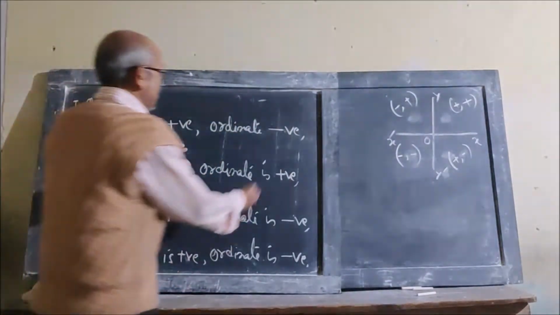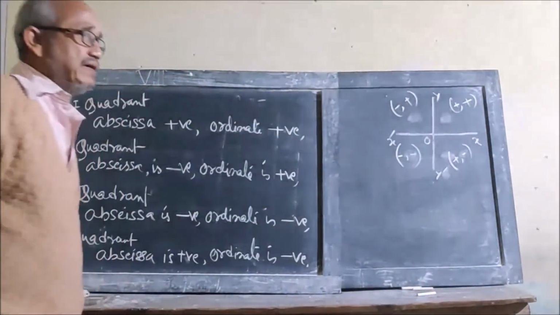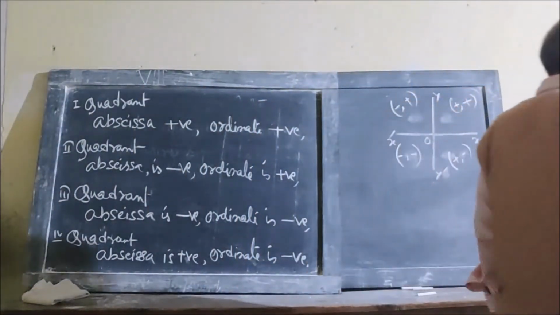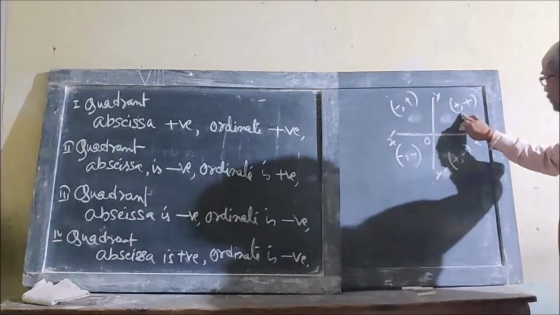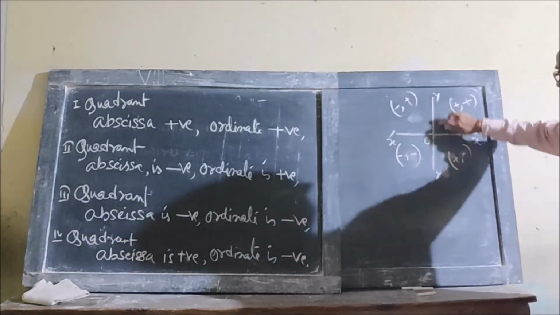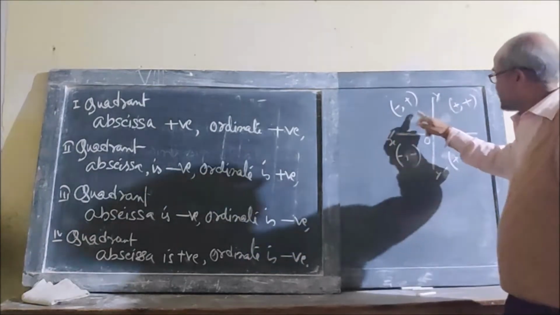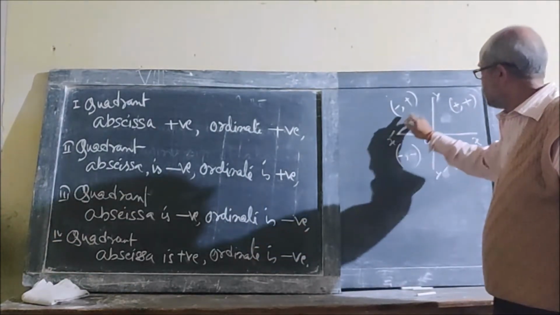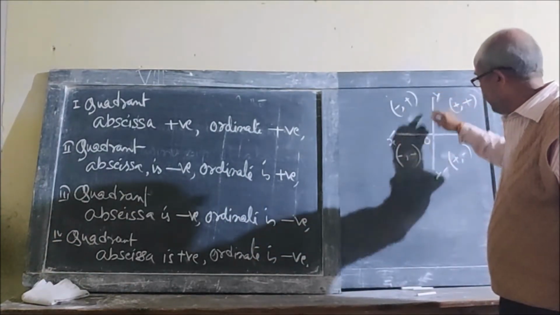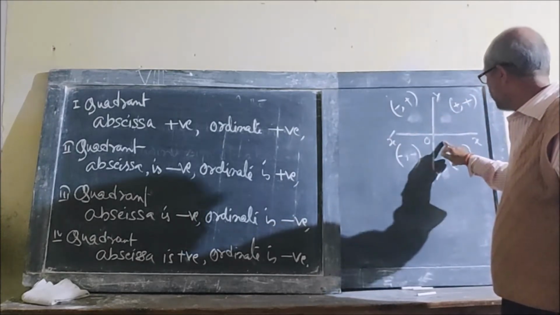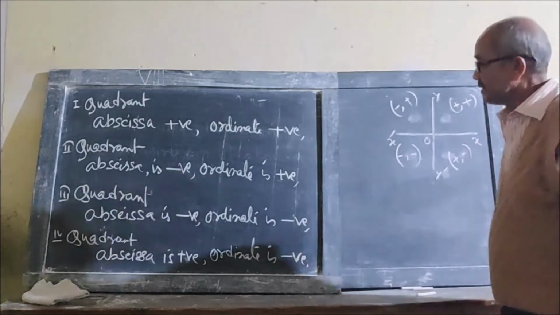First quadrant, all are positive. The abscissa is positive and the ordinate is also positive. And second quadrant, the abscissa is negative and the ordinate is positive. Third quadrant, negative and negative. And fourth quadrant, positive and negative.